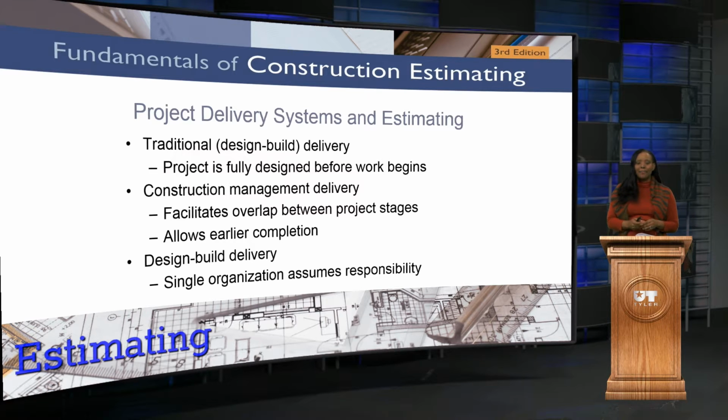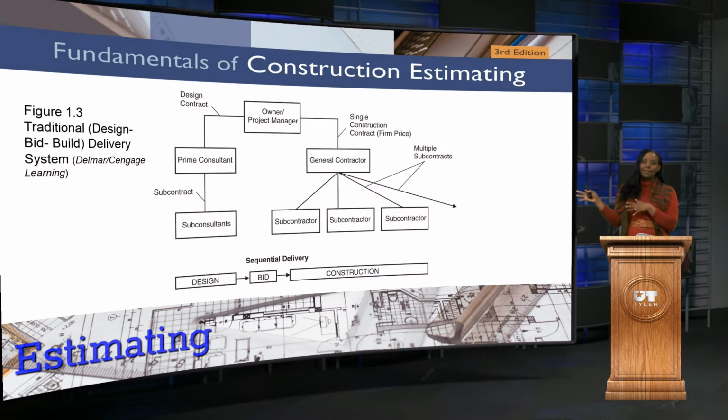So we find that people tend to work a lot better when you're doing this project together instead of it being separate entities. Now, your textbook does a good job of showing you some overall diagrams of the breakdown of the different project delivery methods. And this one is the traditional design, bid, build.